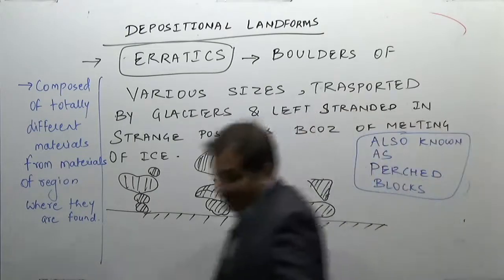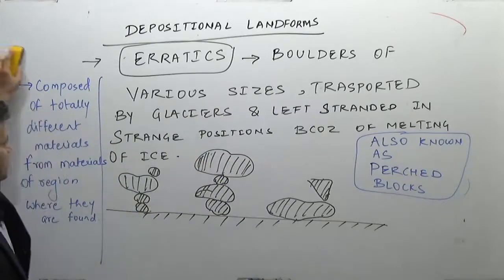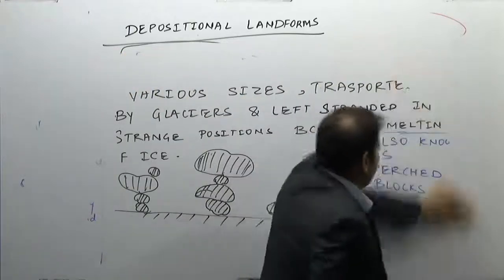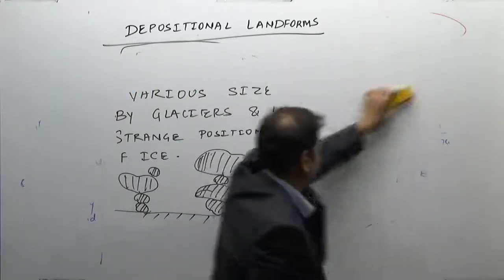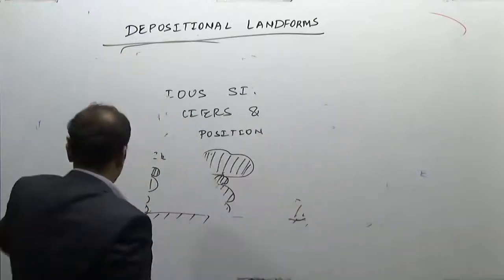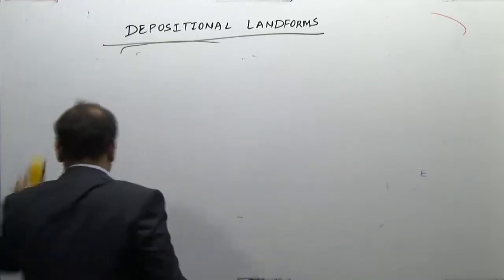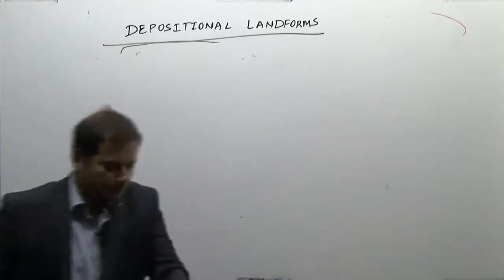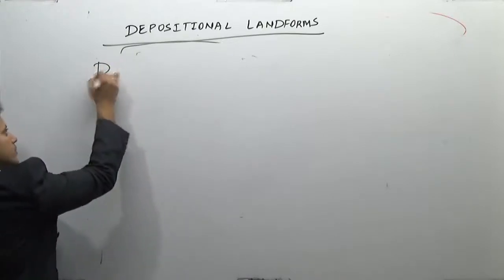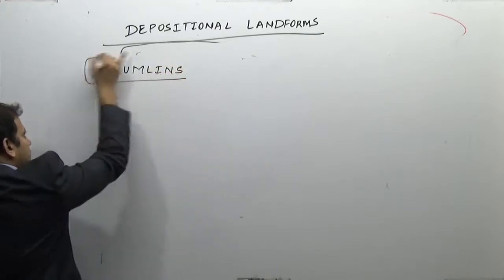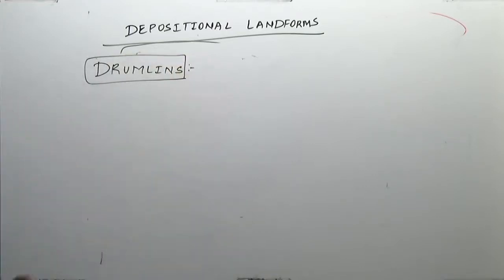The next kind of topography in the depositional landform is again a very interesting topography. These are known as drumlins. Now, how are these drumlins formed?